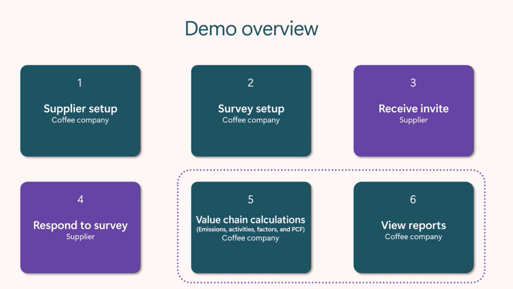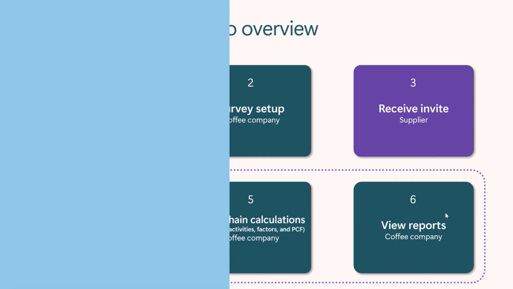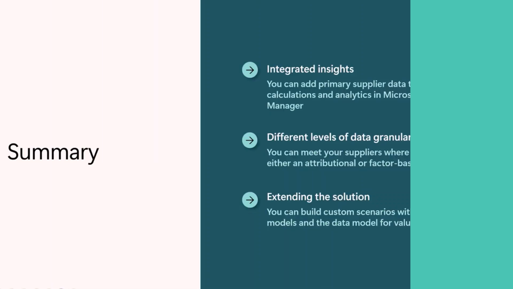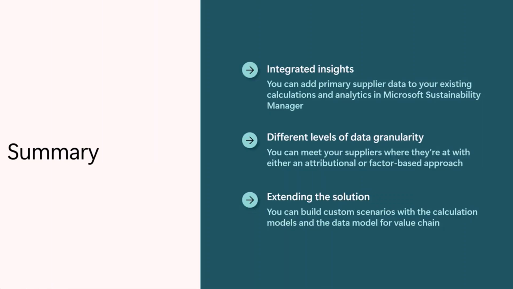To summarize, we've walked through how we can use the ESG value chain solution to manage supplier information, conduct surveys, and in particular, compute Scope 3 emissions for 4 types of supplier data: activities, emissions, PCF, and factors. And to highlight a few takeaways. Number 1, you can integrate primary supplier data, either from the portal or not, into your existing calculations in analytics.